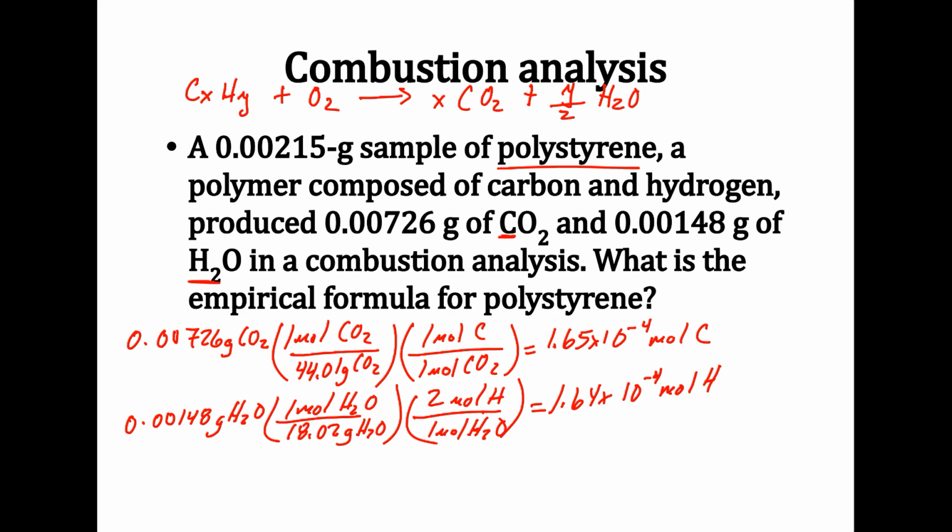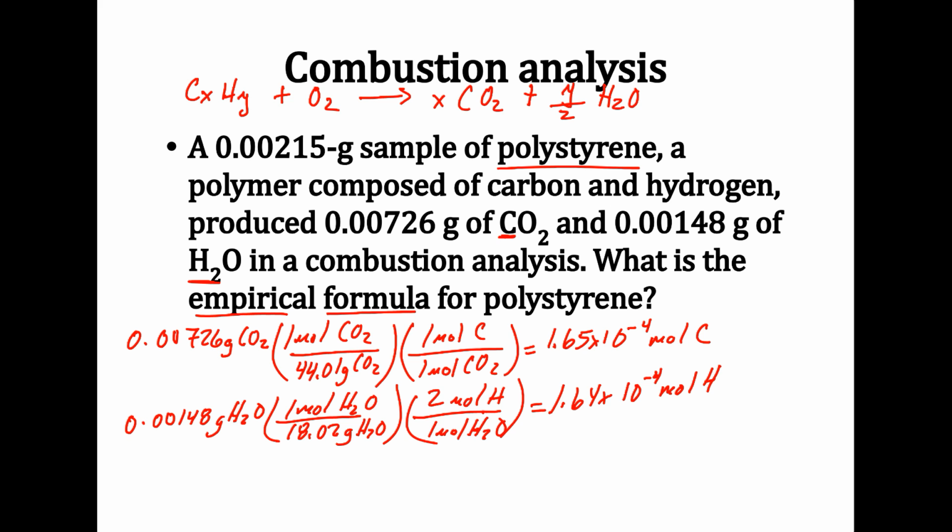So many times people will convert these moles into grams, but since we're asked to find what the empirical formula is, and we know that we go from percent to mass and then mass to moles, we're comparing mole-to-mole ratios. So we can just compare the moles of carbon to the moles of hydrogen, and that will tell us the ratio in which carbon and hydrogen combine.